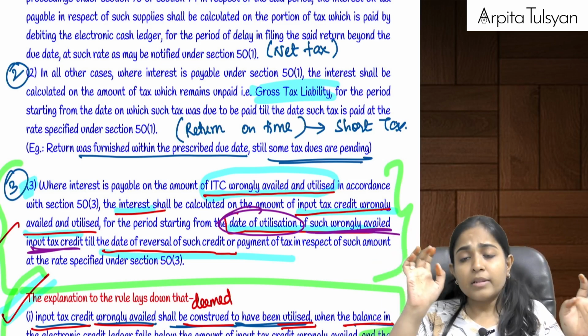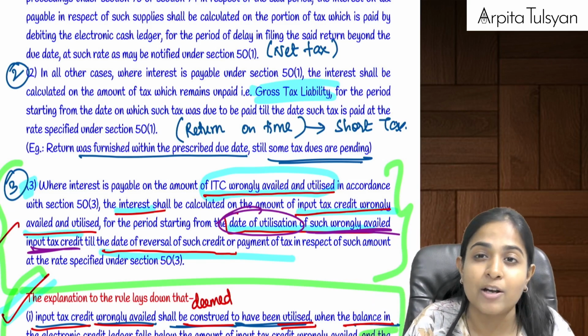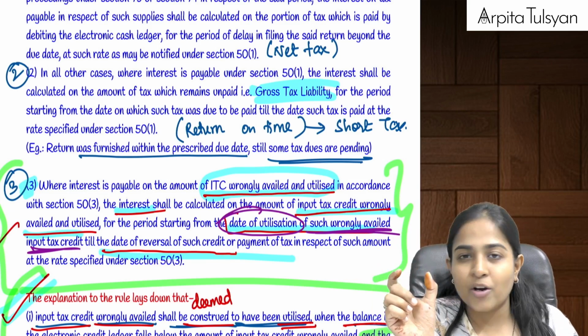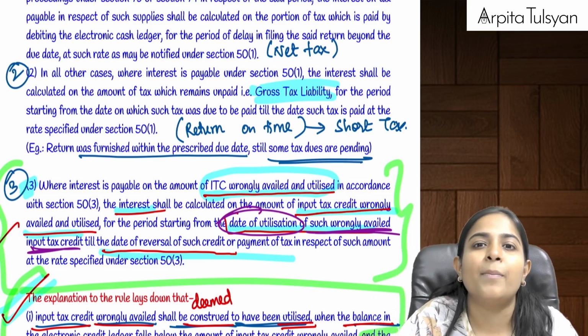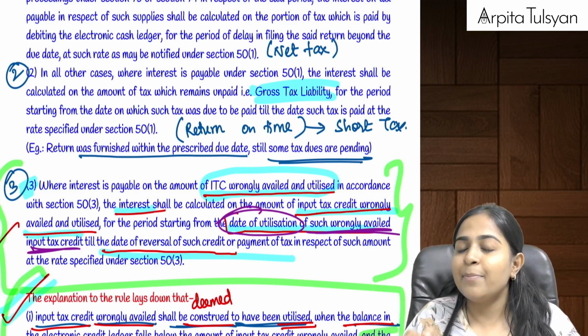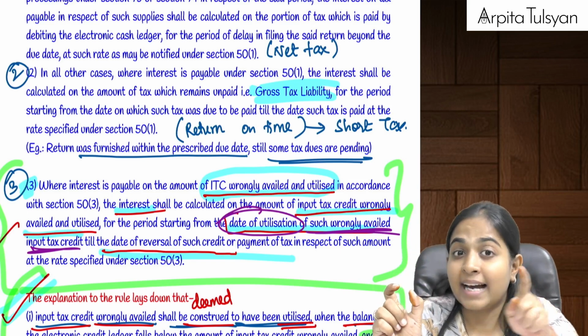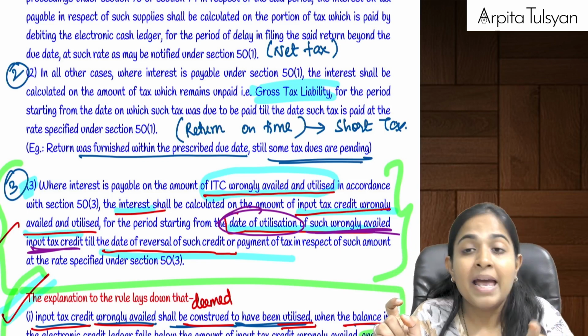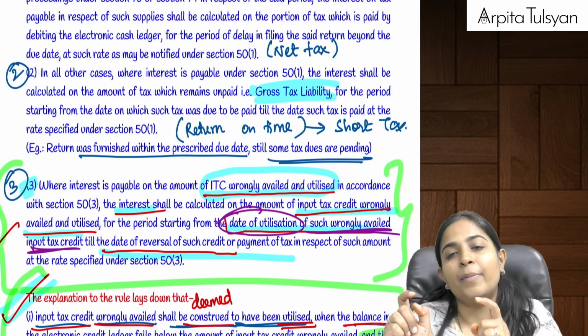So how will we come to know? Total balance in your ITC account was 30 lakhs. The day your balance falls below 10 lakhs. Till the time you use the 20 lakhs of correct ITC, the government has no problem. But as soon as you start using the last 10 lakhs, the government has a problem.